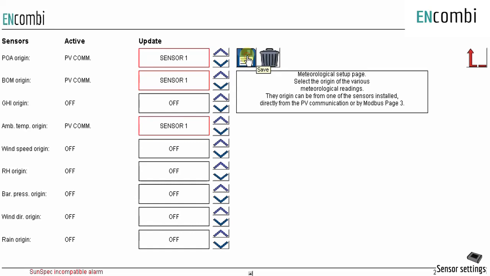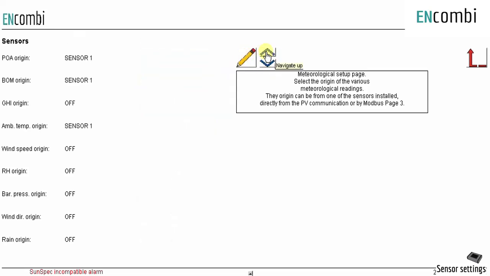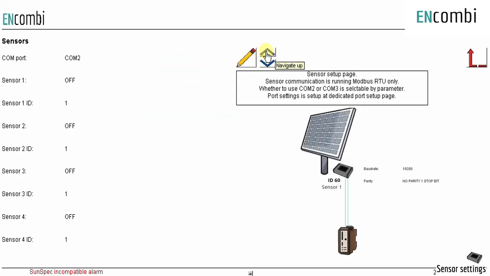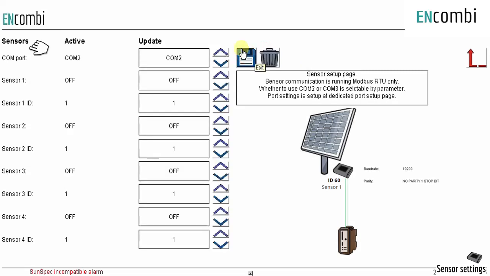Then go to the sensors by using the arrow key. Under the sensors, firstly select the sensor connected port. Then select your sensor protocol type. In this case, since we are using the Light Meter Pro, select Light Meter Pro.